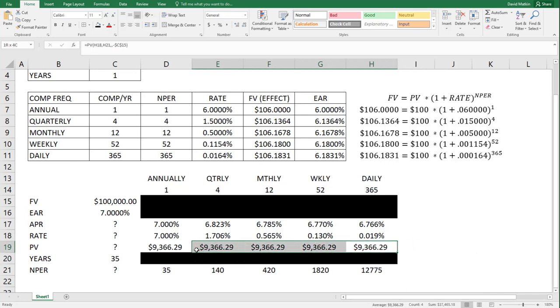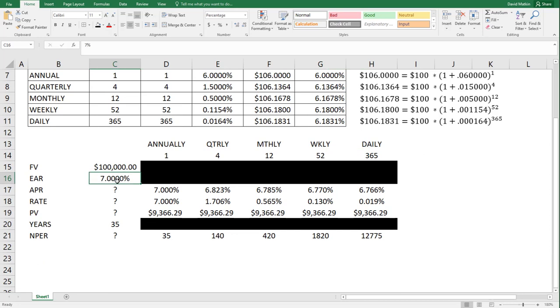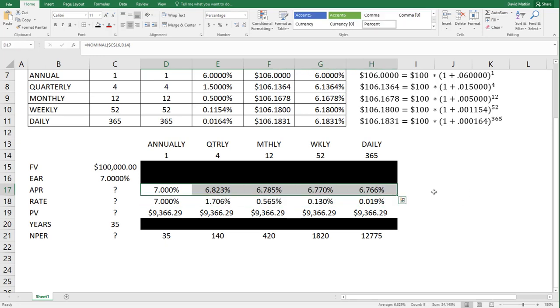And this should be the same across these different ways of doing the calculation, because we forced all of these calculations to have the exact same effective rate of 7%. Up here, we had the same APR, but they have a different effective rate. Here we said, let's lock in the effective rate at 7%, and let's adjust the APR so that when we then run that APR through the time value of money function, it will have the proper 7% effect.